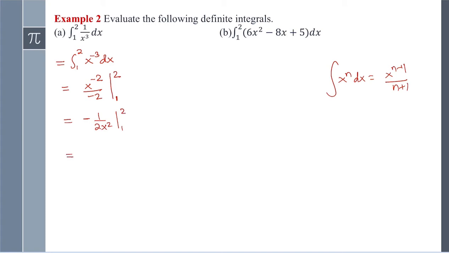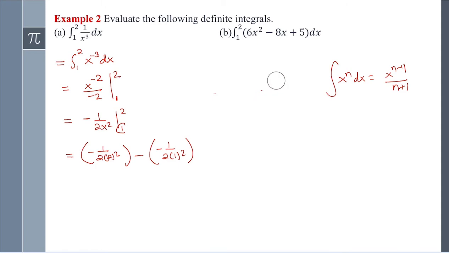Now we plug in 2, so negative 1 over 2 times 2 squared, that is F of b. If you think about the fundamental theorem of calculus, that's F of b minus F of a, so we plug in 1. So minus, again, negative 1 over 2 times 1 squared.